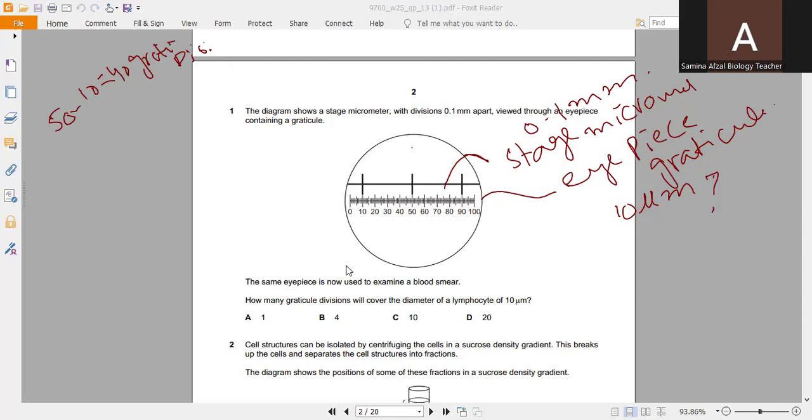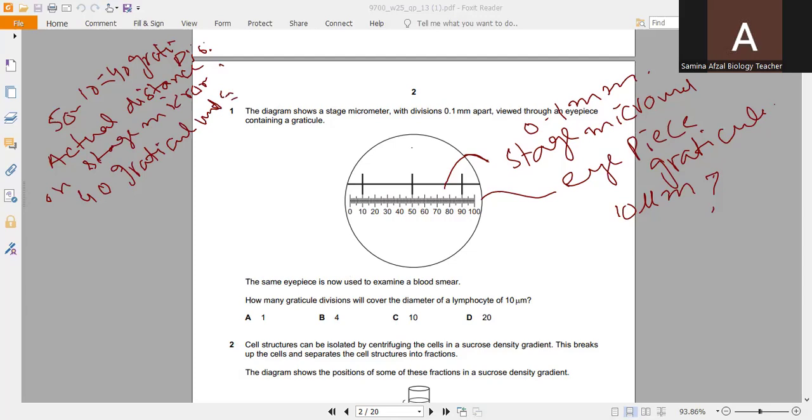So the actual distance on the stage micrometer is about 40 graticule units, equal to 0.1 millimeter.